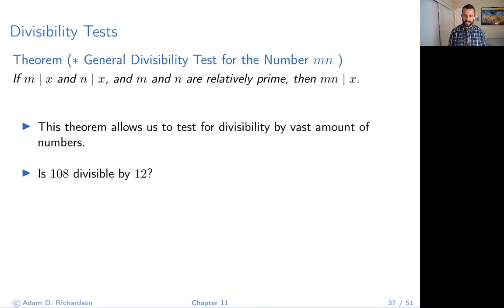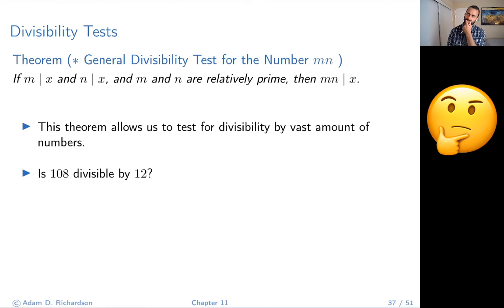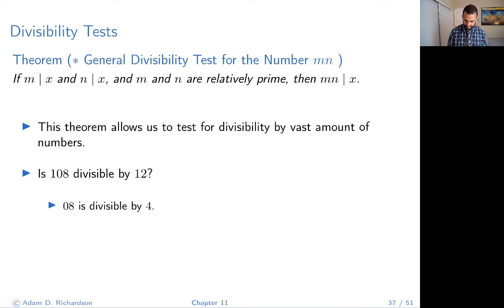So for example, is 108 divisible by 12? Well, I don't know. Let's think about it. Let's do this one together. I know that the last digits, 08, are divisible by 4. So this is divisible by 4.